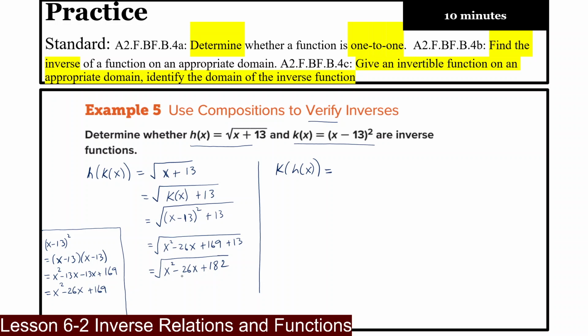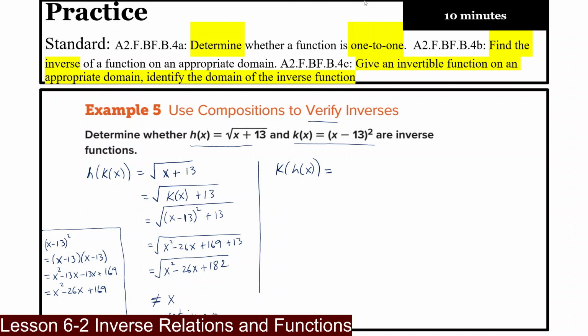That doesn't look like x to me. So h is definitely not inverse of k. So let's try the other side. So I'm going to say this does not equal x, so not inverse.